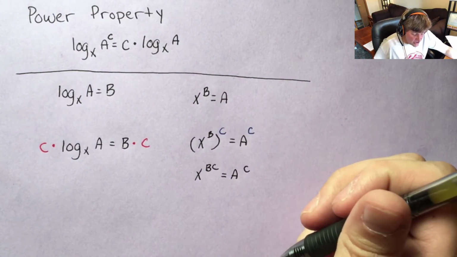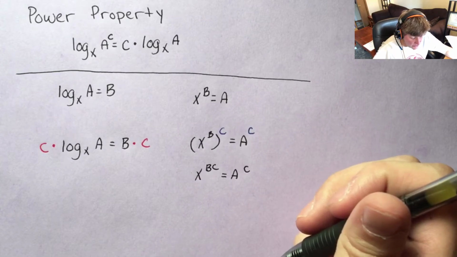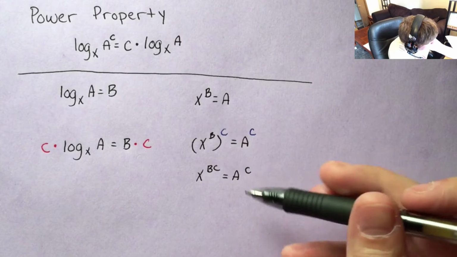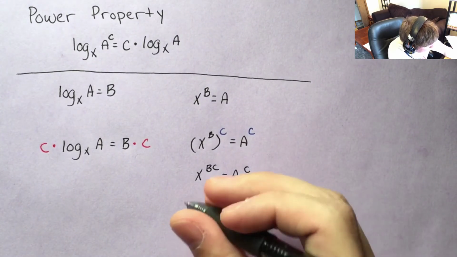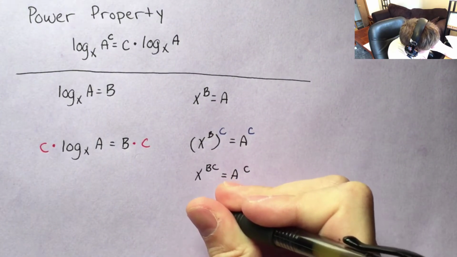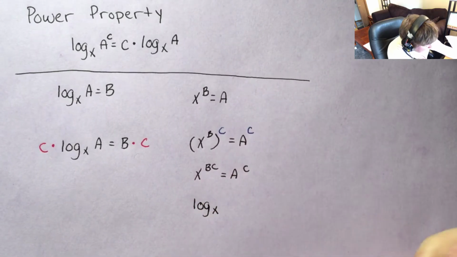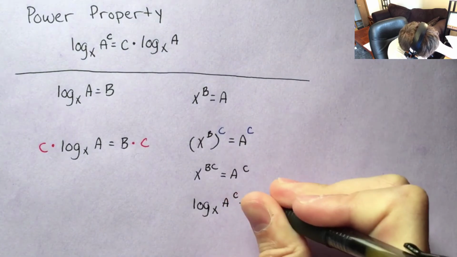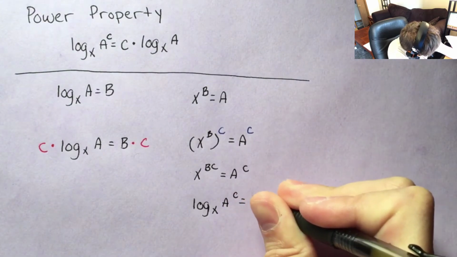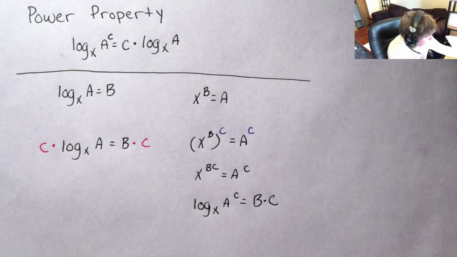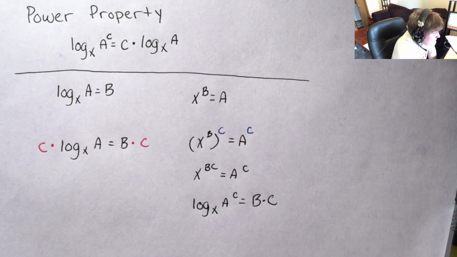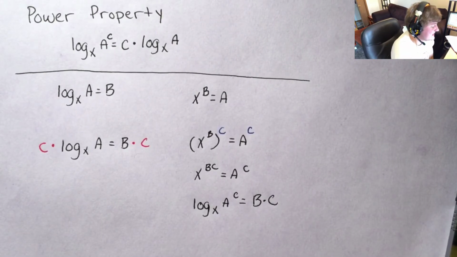So we can use a logarithm here to say that the log base x of a to the c power is going to be equal to b times c.